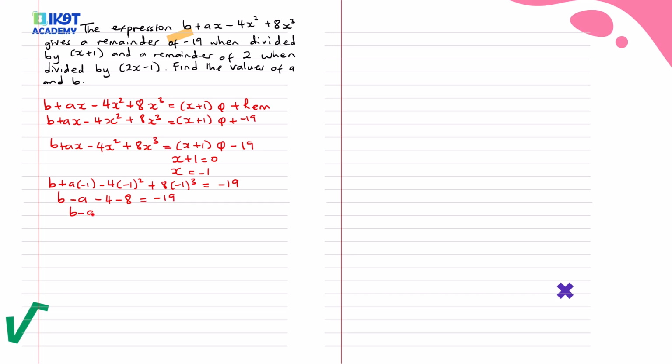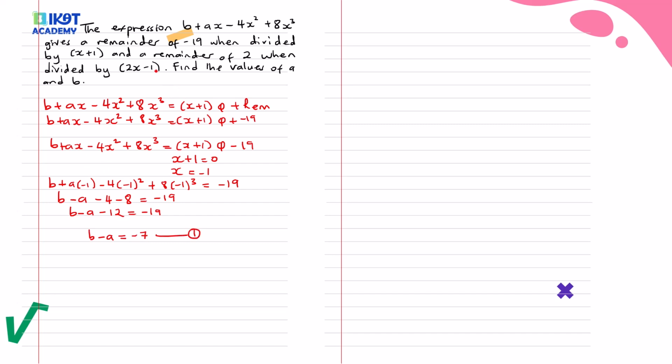So we have b minus a minus 12 is equals to negative 19. So our final answer becomes b minus a is equals to negative 7. We can call this equation 1.